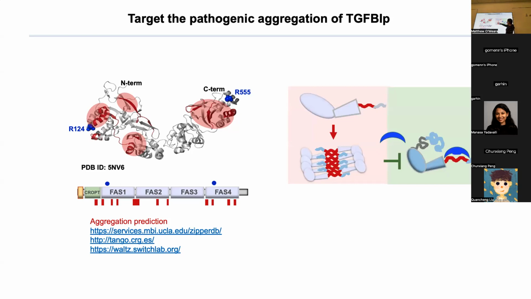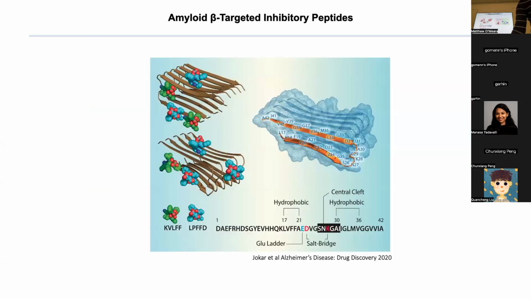If you know which are the regions responsible for formation of the beta sheet spine of the amyloid fibrils, and you design an inhibitor which binds tightly to this region, you will prevent the other molecules from coming to interact. You're literally capping, or preventing the growth of, the fibrils.